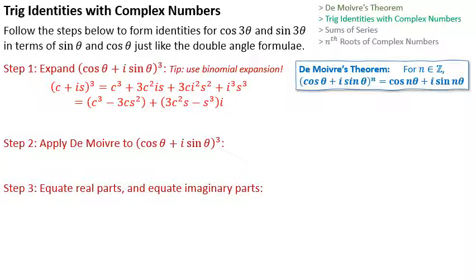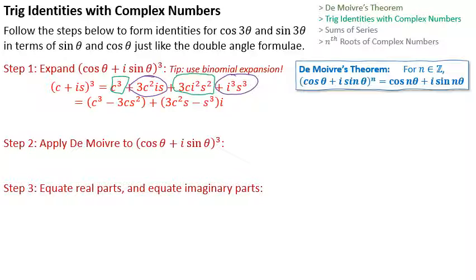Now, the next step here is to simplify things. And again, it's important to pick out carefully the real components and the imaginary components. So these two parts are real, and these two bits here are going to be imaginary. The way I can tell is that any even power of i will be either 1 or minus 1, whereas the odd powers of i will be either i or minus i.